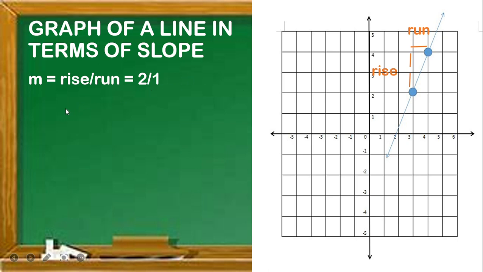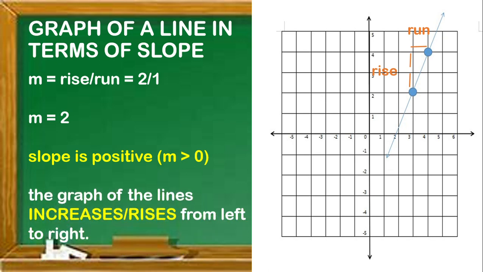So m is 2. So the slope here is positive. So in describing the graph, the line increases from left to right.